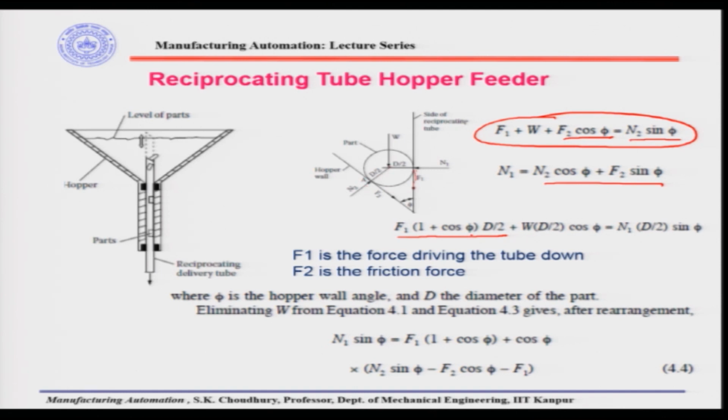Plus W, which acts vertically, so it will be W into d by 2 and cos phi.